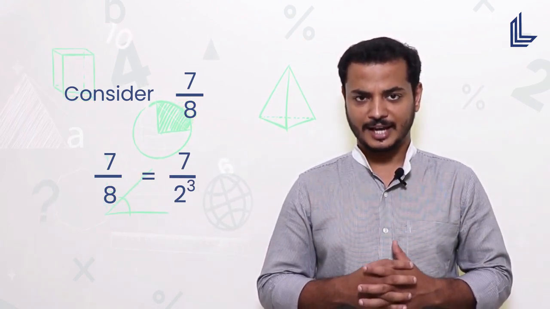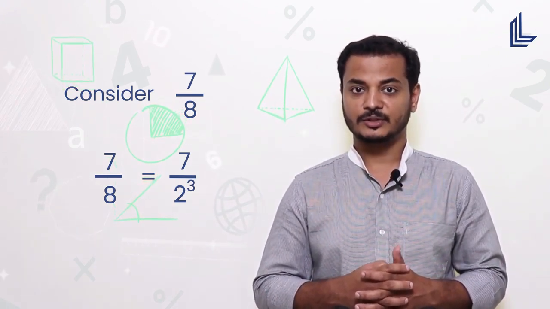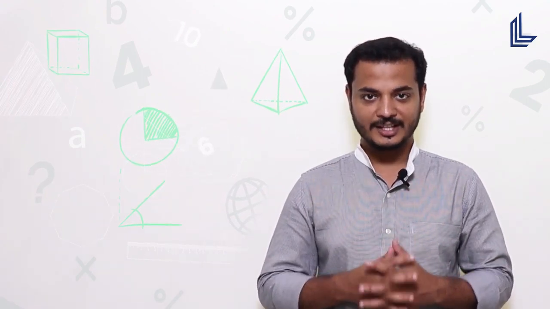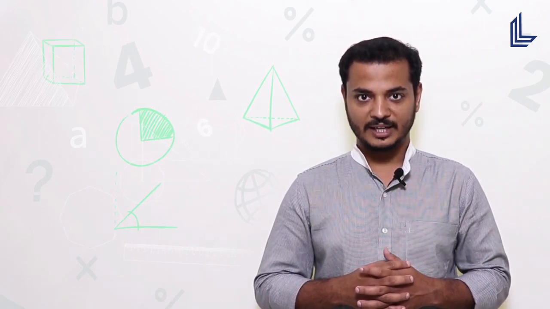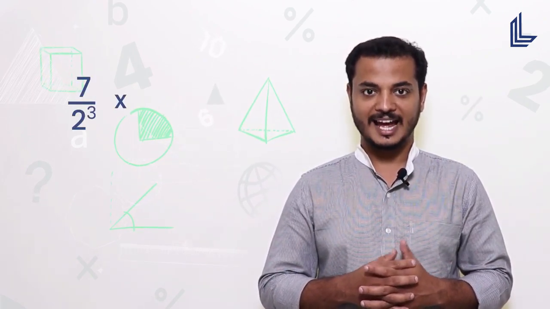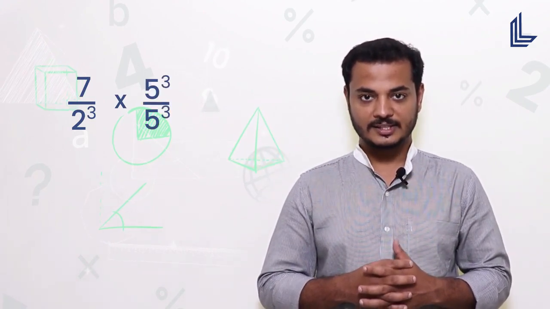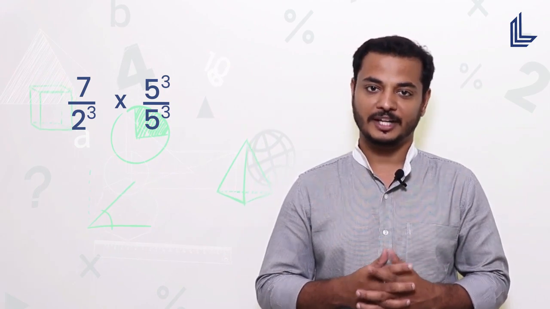But can you do something with this fraction so that the denominator could be expressed in powers of 10? If you think about it, you can realize that if you multiply both the numerator and denominator by 5 cube, the resultant fraction will have the denominator in powers of 10.